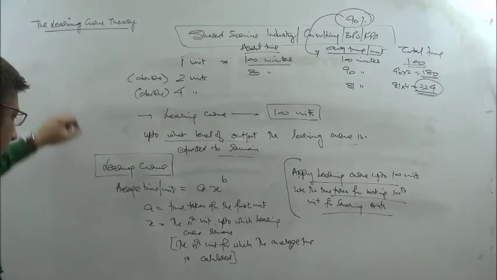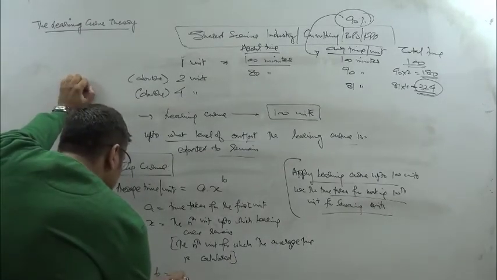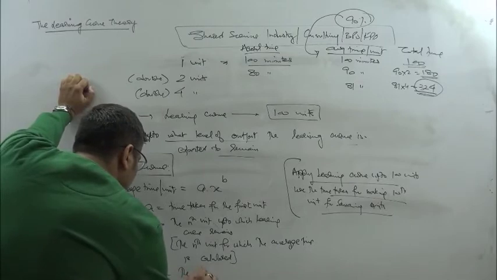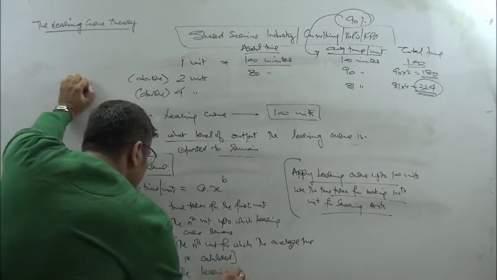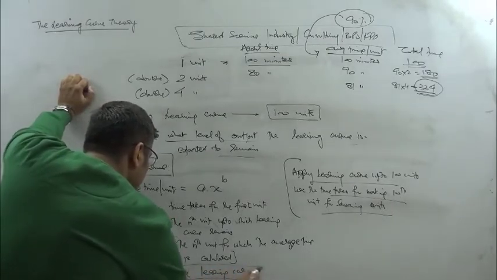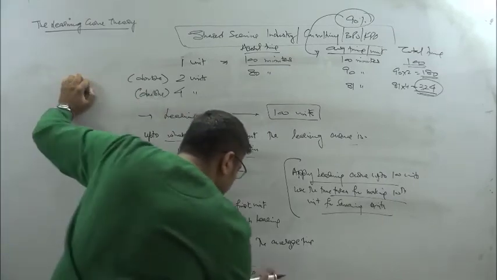I'm going to explain that in a minute. And b refers to the learning curve value.